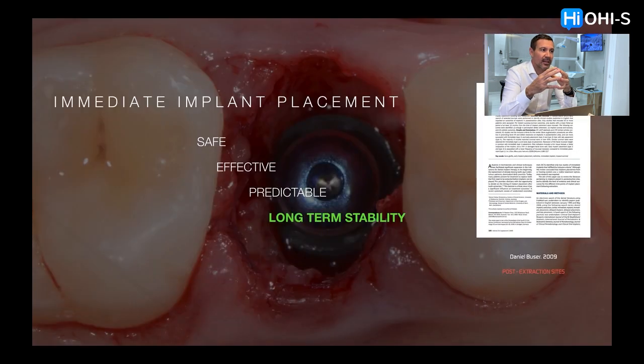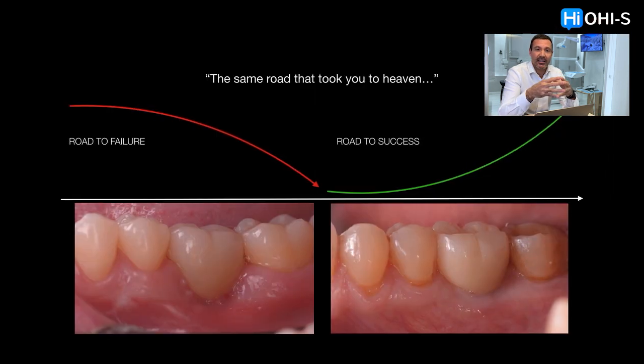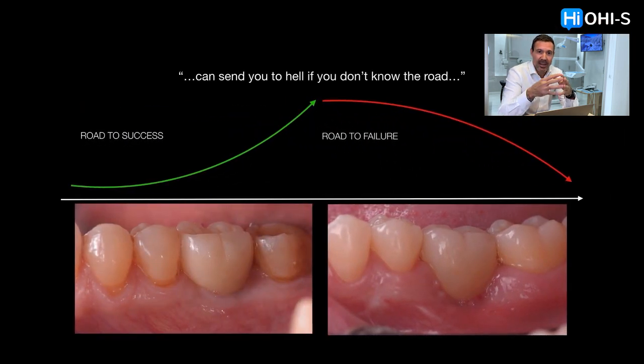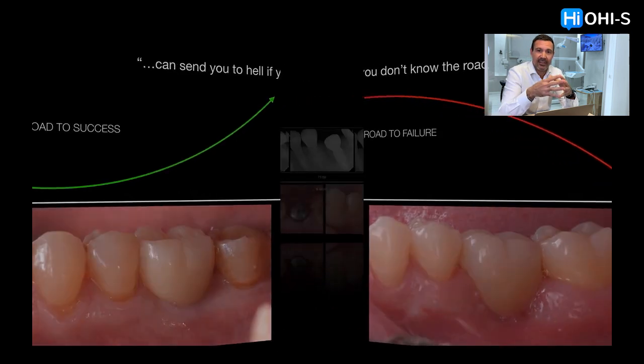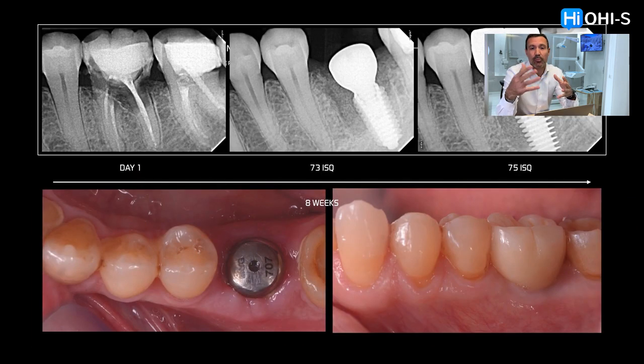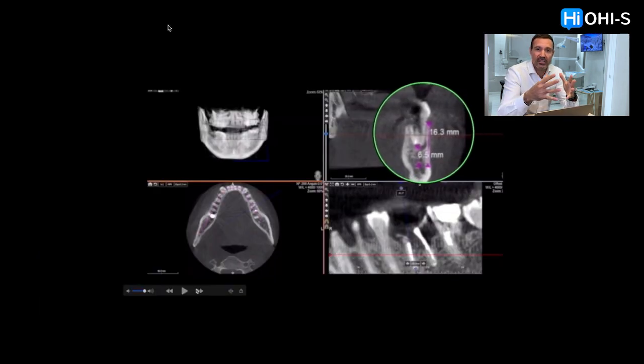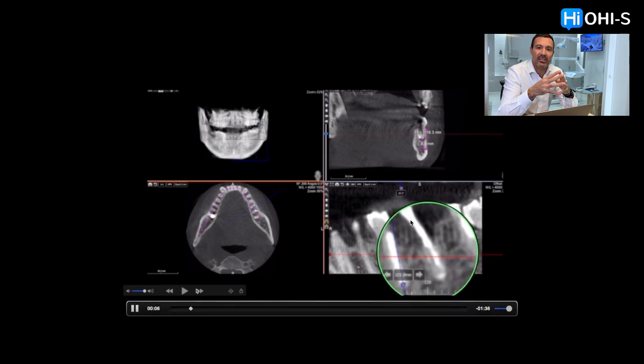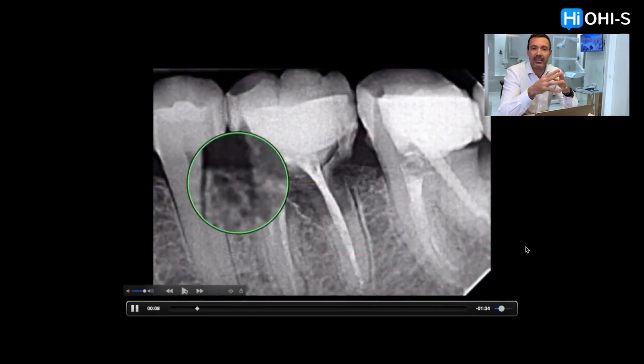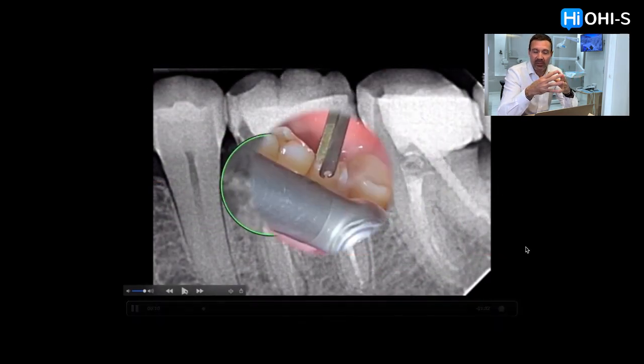It's not only the importance of performing the technique properly, but performing it in the appropriate place, at the appropriate moment, and especially with the appropriate reason, to get the most benefit out of it. I would like to share a summary of my course, because immediate loading, as I said before, is linked to immediate implant placement.